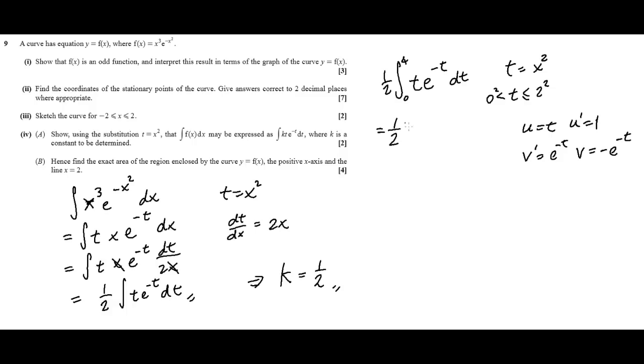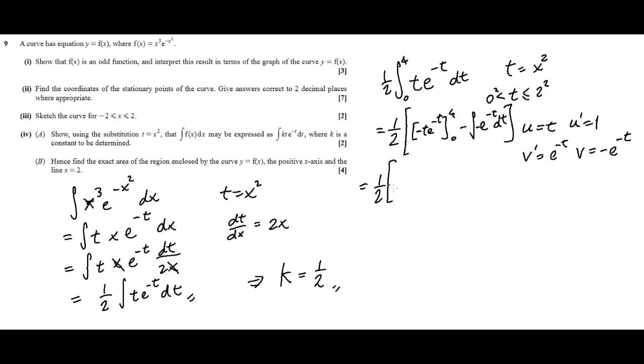Then this whole expression will be u phi, which is minus t e to the minus t between 4 and 0, take the integral of minus e to the minus t dt.